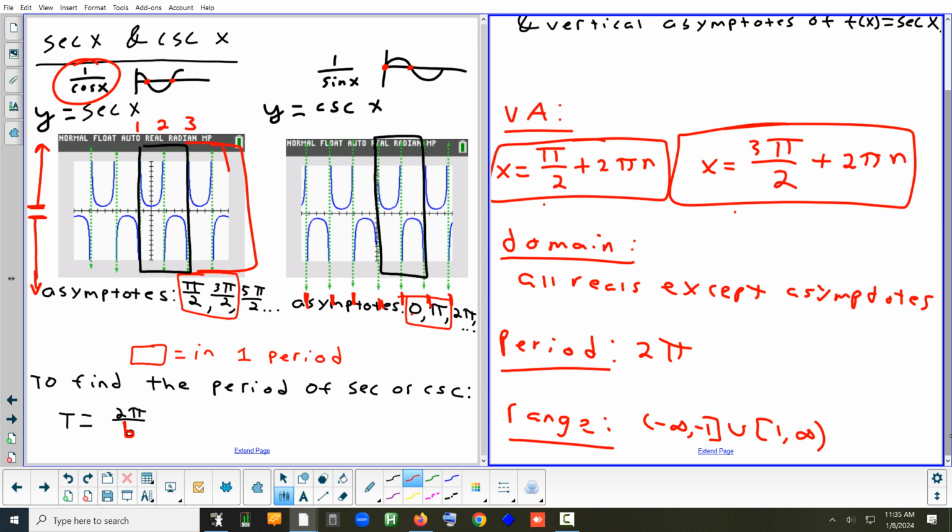No, actually, you could still write the same thing, but what would be different? Yeah, the asymptotes would be different. Instead of a pi over 2 and a 3 pi over 2, you'd put a 0 and a pi. So the asymptotes would be different, which technically makes the domain different. Period is the same. Range is the same. So range and period would be exactly the same.